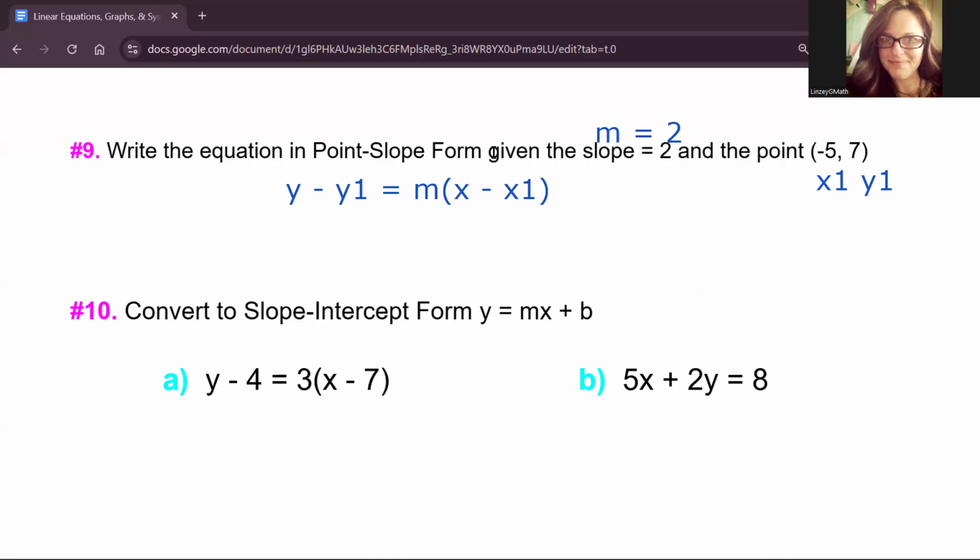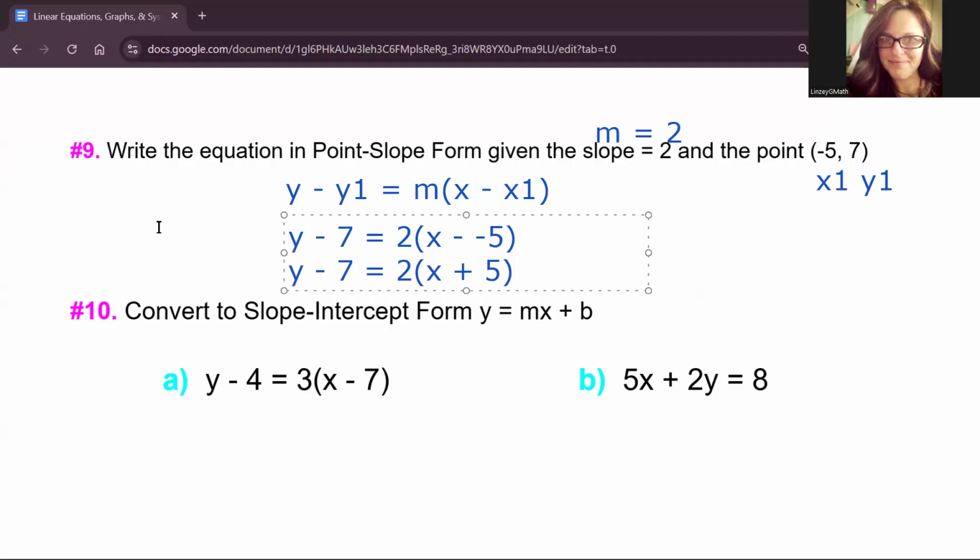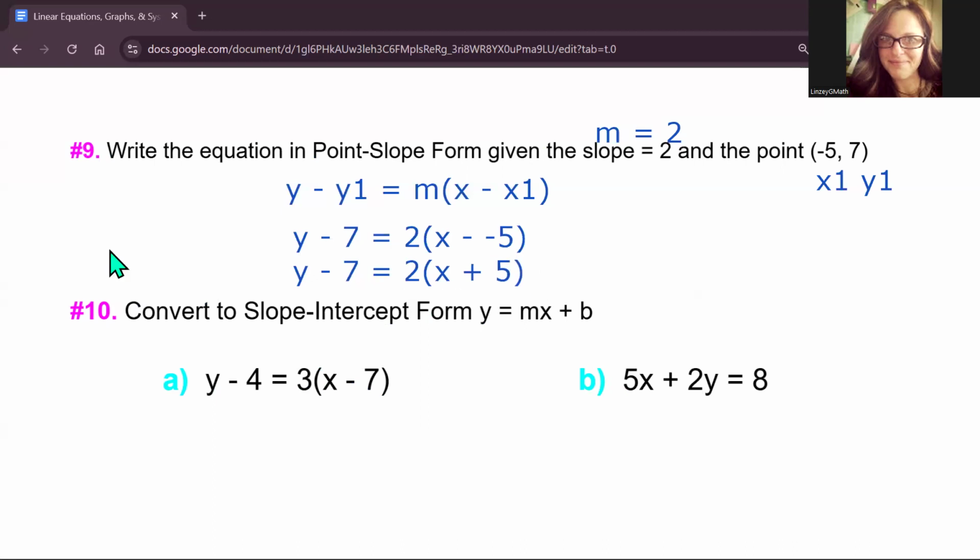So we can just substitute the values into our equation. Y minus y1 is 7. Our slope m is 2, parentheses x minus negative 5. And then you could simplify minus negative 5, x plus 5. And here is our point slope form of our linear equation.